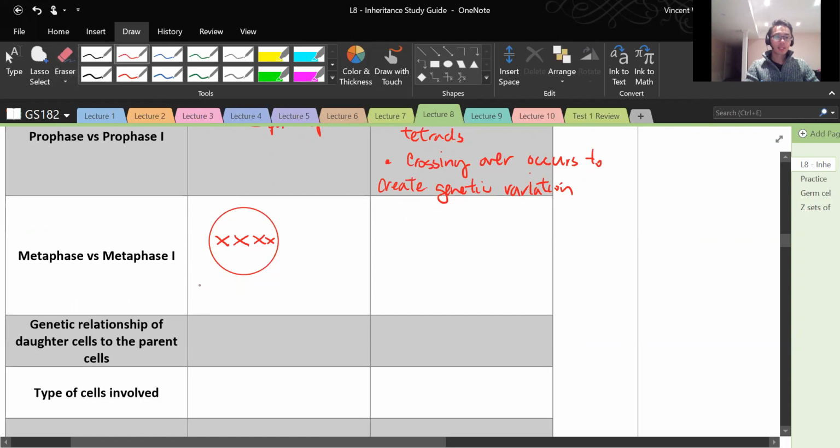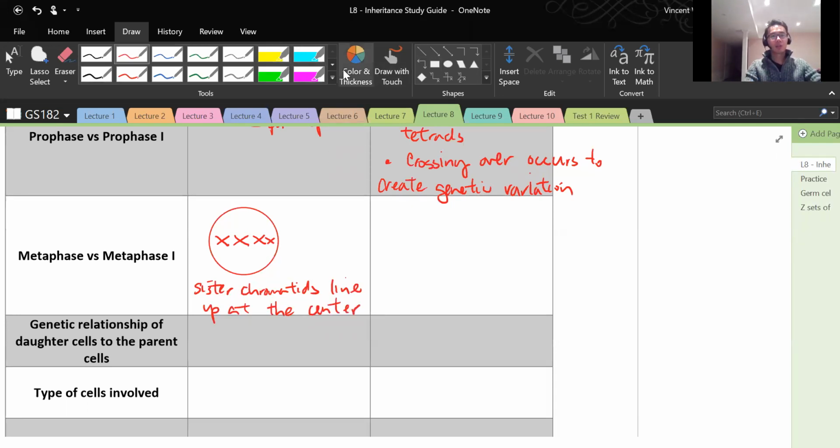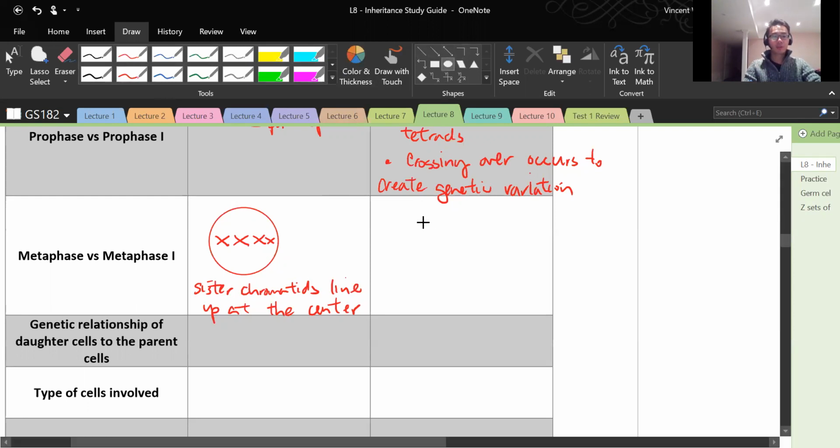Sorry, maybe we'll just say sister chromatids line up at the center. Whereas for metaphase 1, it is the tetrad that lines up in the middle.